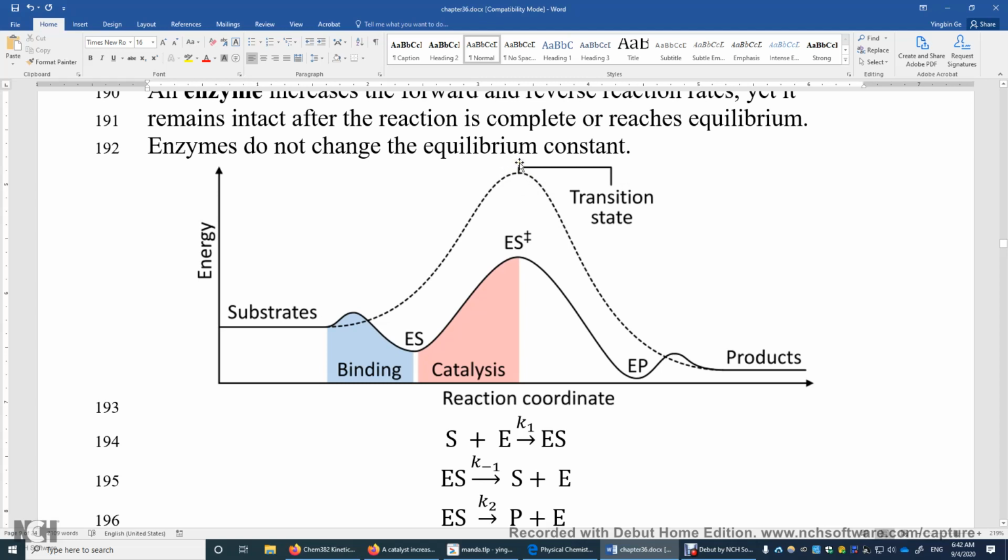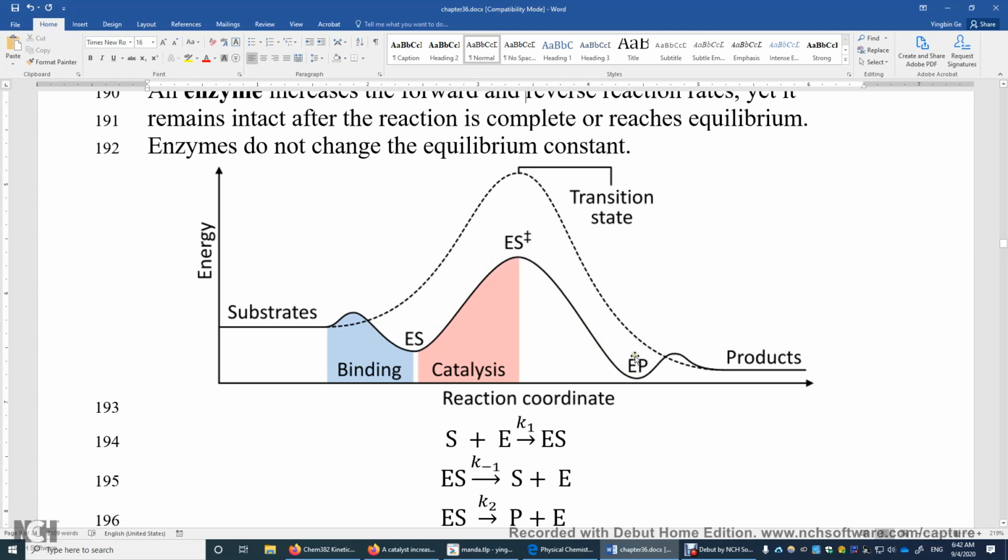By adding enzymes into this reaction system, it's possible for the substrate to bind with the enzyme and form this ES complex. The ES complex may overcome a smaller reaction barrier to form the EP complex.